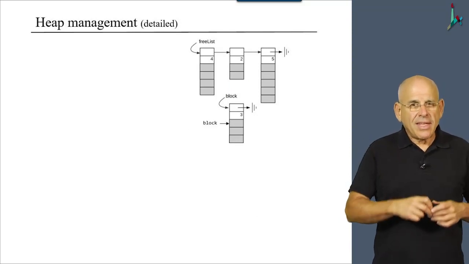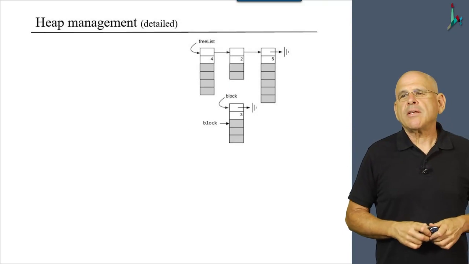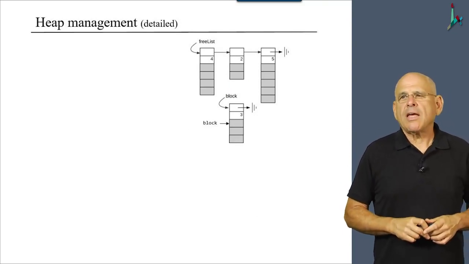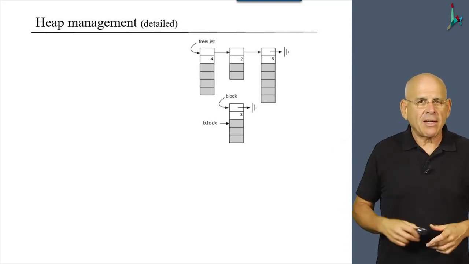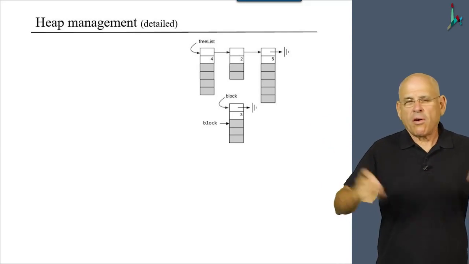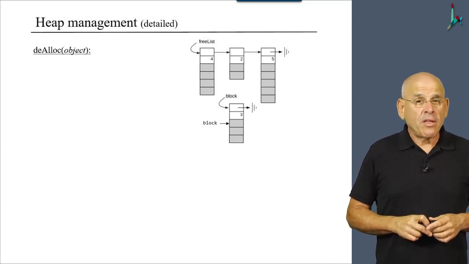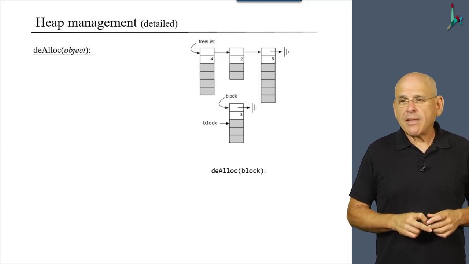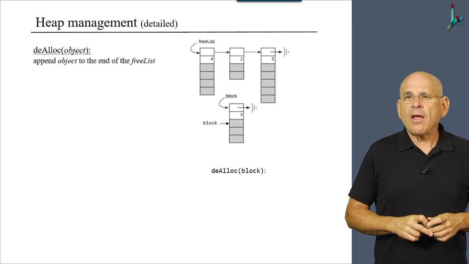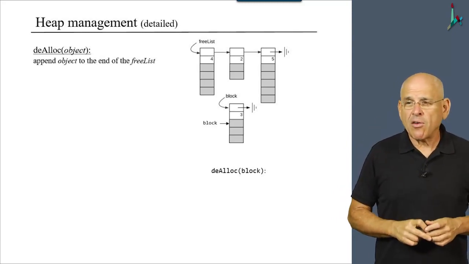Now, what about dealloc? Well, suppose that we have this object here. The handle to this object is block, and we want to recycle it. We want to put it back into the pool of freely available memory. Well, we do it using a call to dealloc. And so, for example, if someone says dealloc block, what we do is we append this object to the end of the free list.